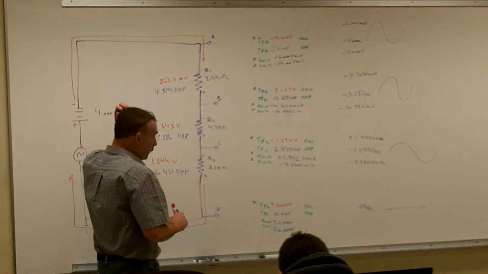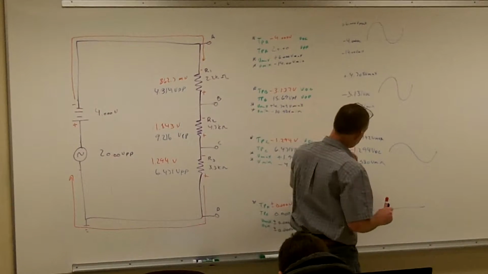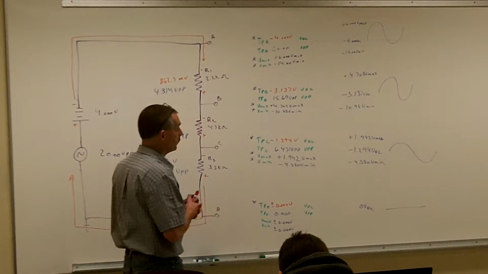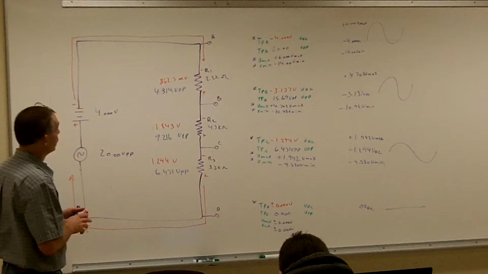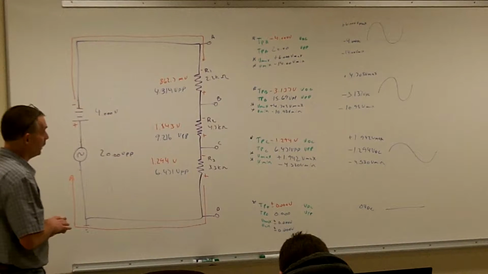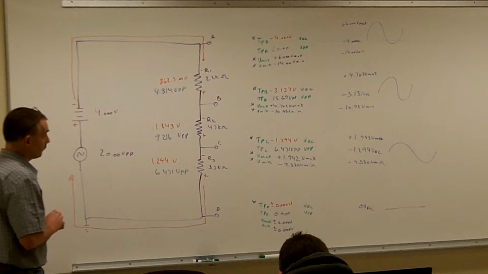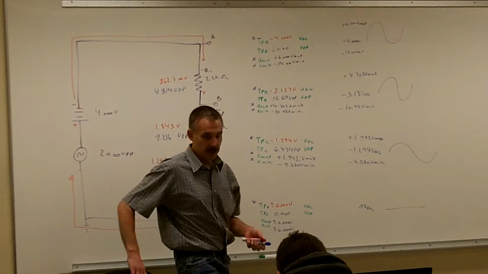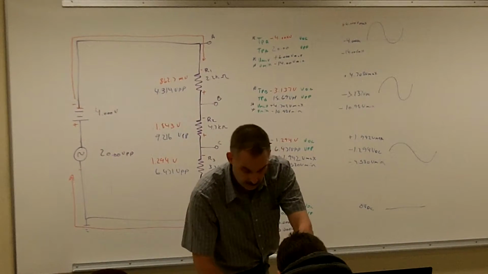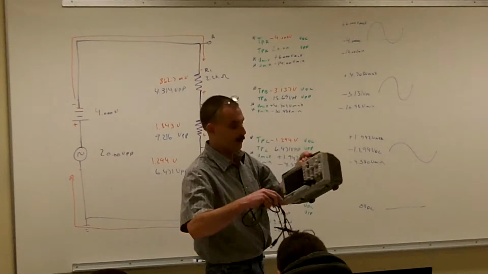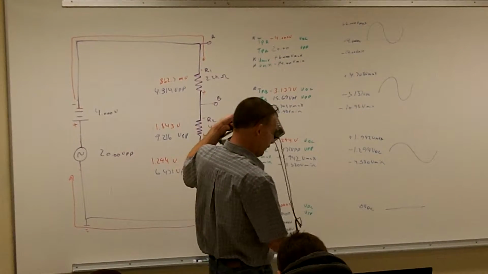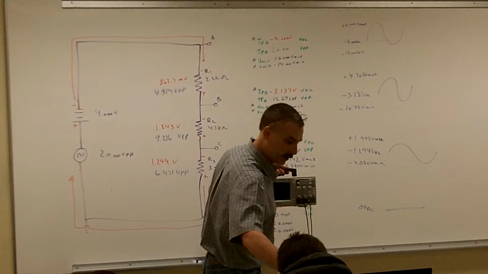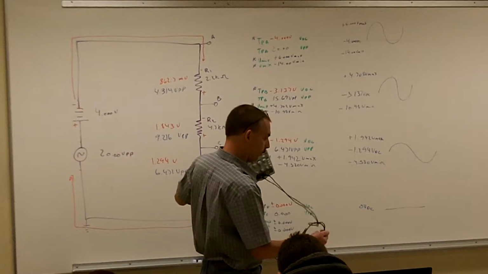So again, this is what we measure on our oscilloscope. We'll jump ahead a little bit and talk about our oscilloscope, since we have this circuit in here, because then we can show you how you would measure using the oscilloscope. These are 2 channels, so there's going to be 2 probes on here.